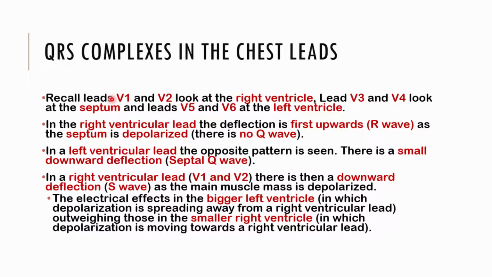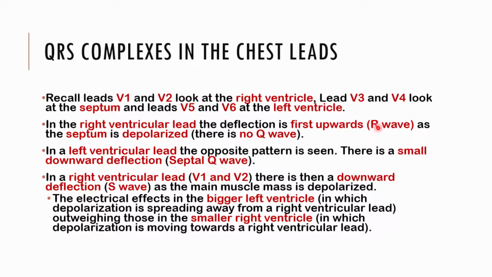So remember that inside the right ventricle, when the right ventricle depolarizes, this is going to be responsible for the first upward deflection, what we call the R wave. Okay, and when this right ventricle depolarizes, especially in leads V1 and V2, you get this R wave.